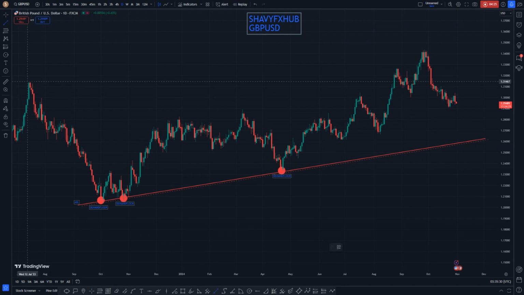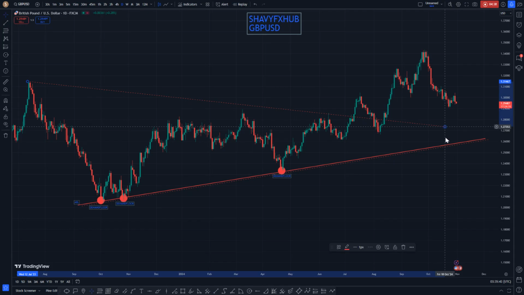We have here a resistance structure, and another nice structure here, which can also bring price to our zone.